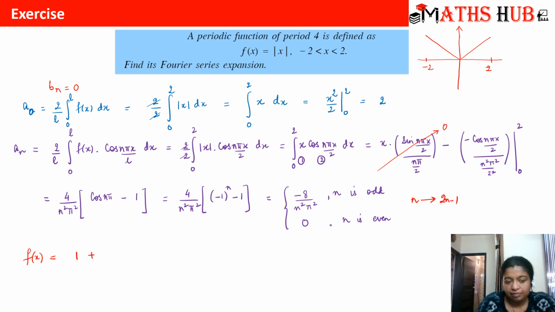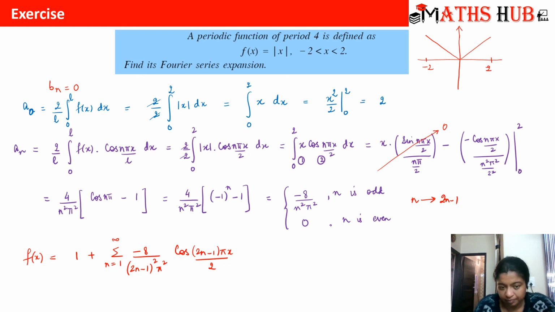So we get 1 plus summation n going from 1 to infinity of minus 8 by (2n minus 1) square pi square, and the term here is cos of (2n minus 1) pi x by 2. Suppose we were getting values for even numbers, then you could replace n with 2n, right? So this becomes your answer and we get the Fourier series expansion for mod x, right?